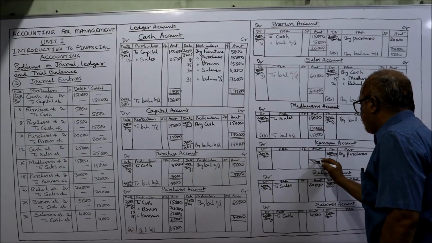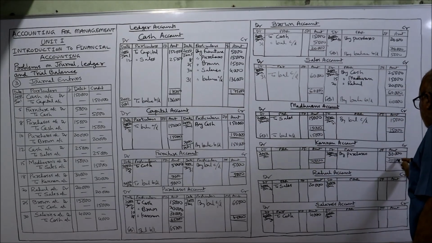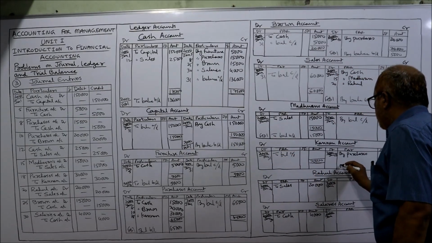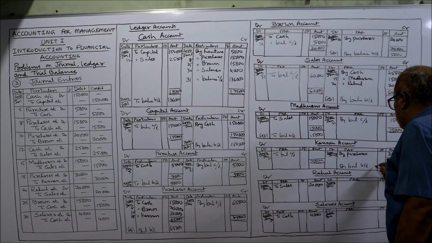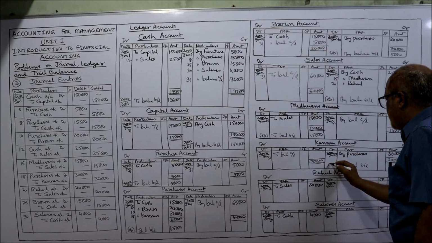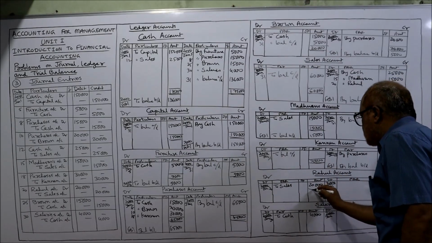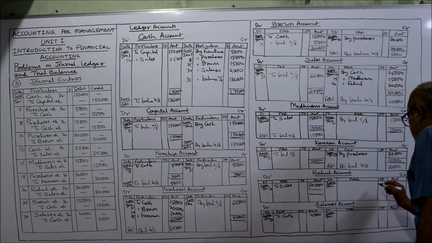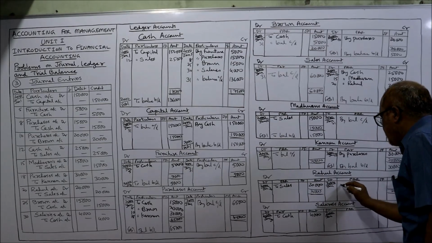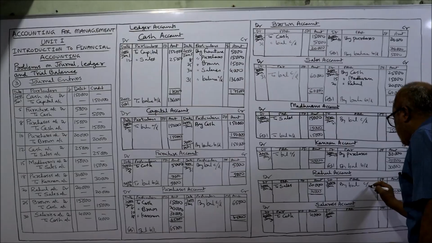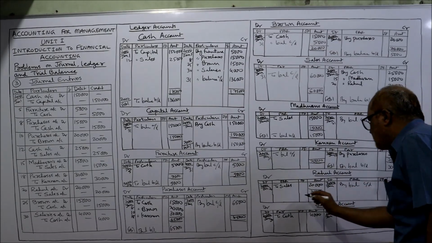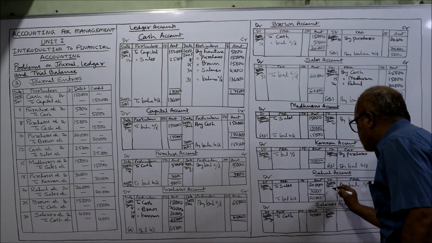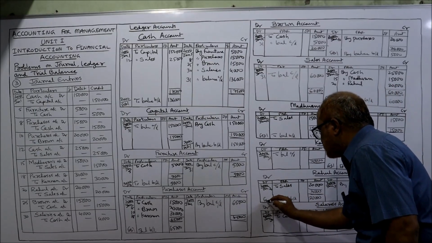Same 30,000 I am taking here, to balance carried down 31st, by balance brought down 30,000. This is February 1st.